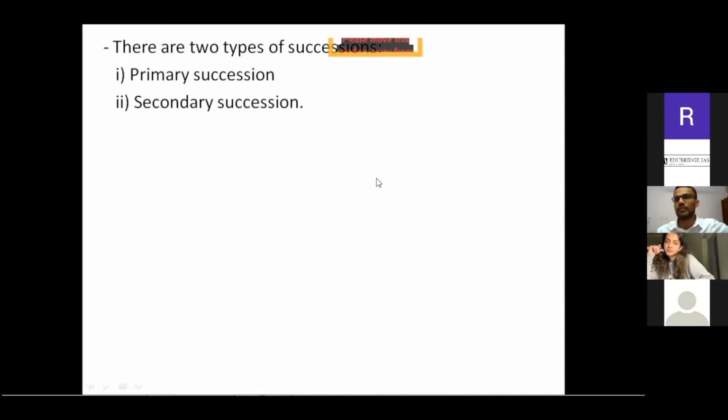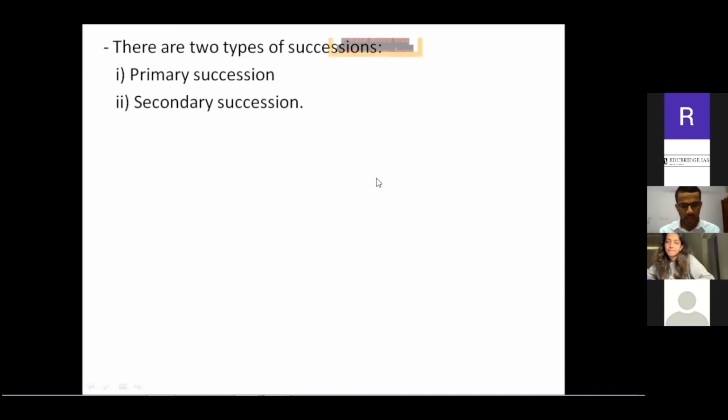That means eventually they will also die, and that habitat may become lifeless, or that habitat may lead to changes in the species. The existing species may be replaced by new species because of the activities of the biotic component, and that succession is called autogenic succession.